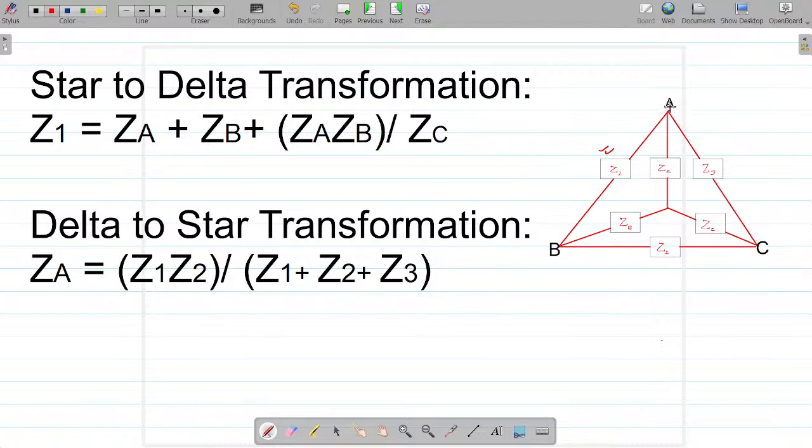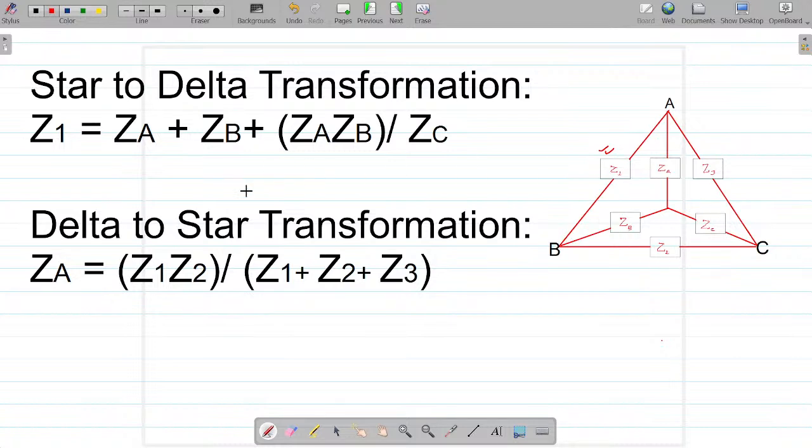The impedance between two nodes A and B is calculated by summing up the impedance here plus here, then also adding ZA times ZB divided by ZC. So what will it give you? The impedance between A and B. Am I clear? This is Z2 for you.